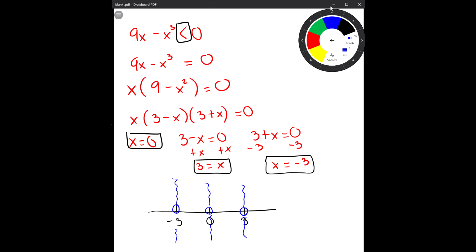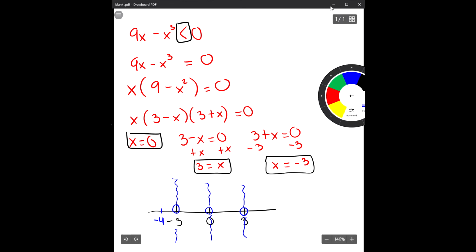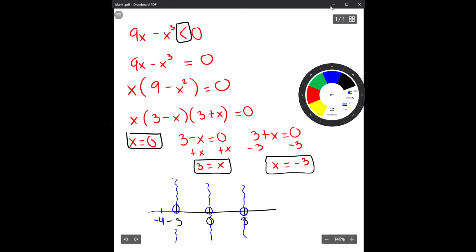For the first region, I will pick -4 and plug it into the original inequality. I work on it on the side.